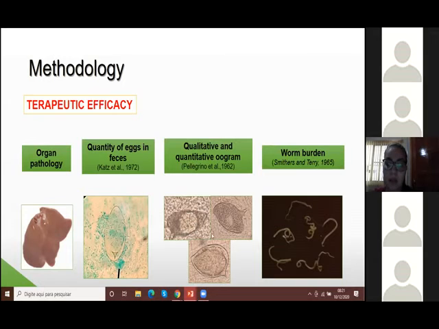Here we remove 1 centimeter of the intestine and analyze the quantity of eggs and classify them as mature, immature, and dead. And we analyze, of course, the worm burden of these mice. We count and dissect them as male, female, and couples.